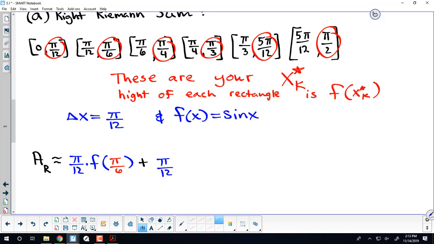The area of the second rectangle is the length times the height, pi over 12 times f evaluated at, sorry, that should have been pi over 12. I looked at the wrong thing. The second one is pi over 6. First one's pi over 12. So that's the area of the second rectangle and so on and so forth.